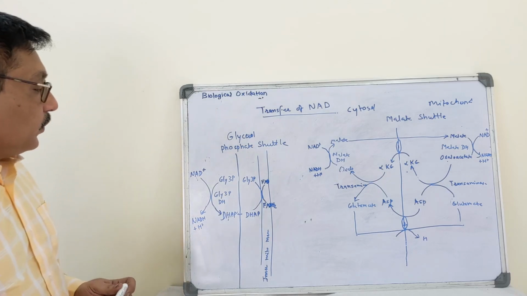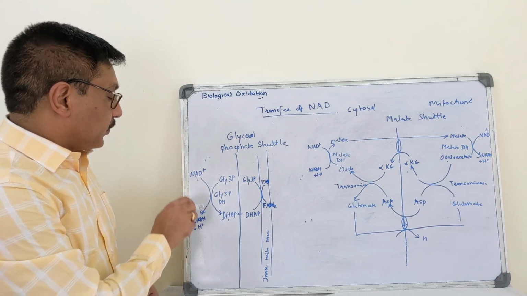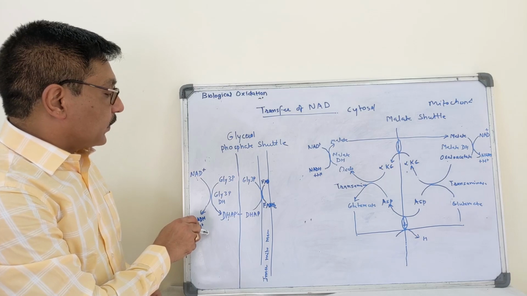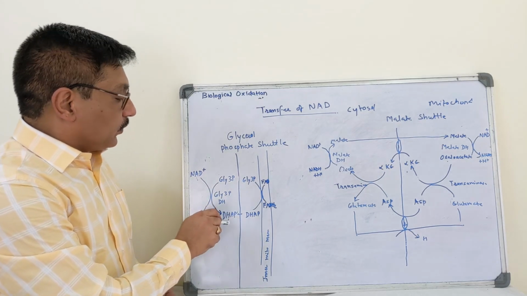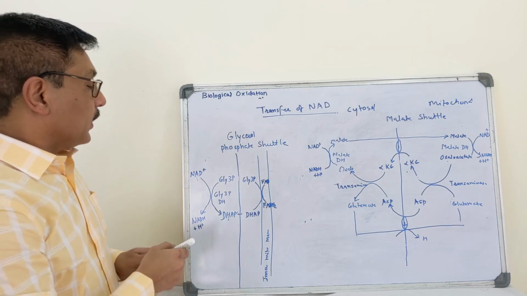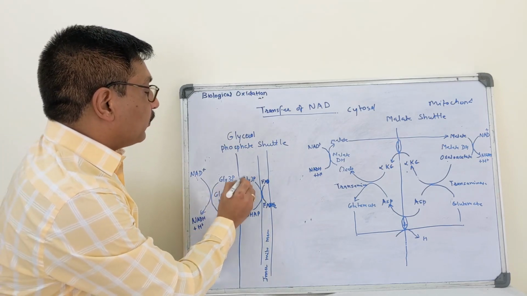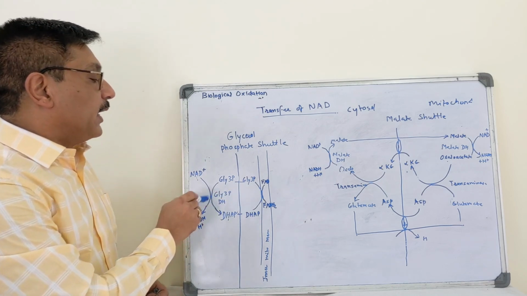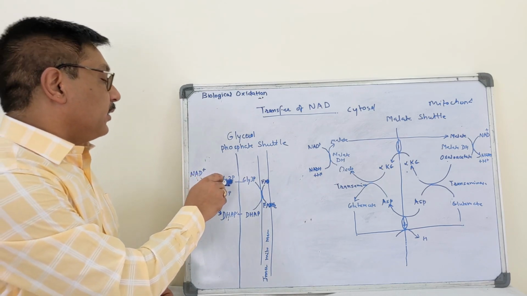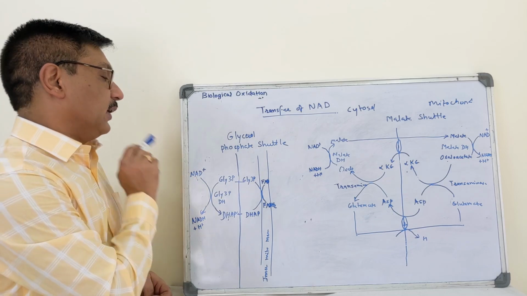In this shuttle, NADH and H plus combine with DHAP, dihydroxyacetone phosphate, and in the presence of glycerol 3-phosphate dehydrogenase, glycerol 3-phosphate forms and NAD plus is released.